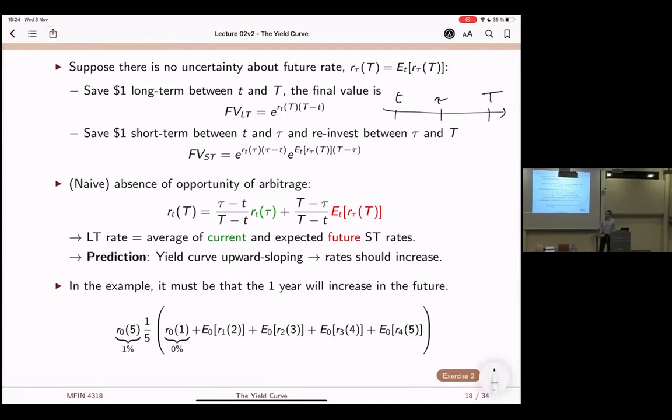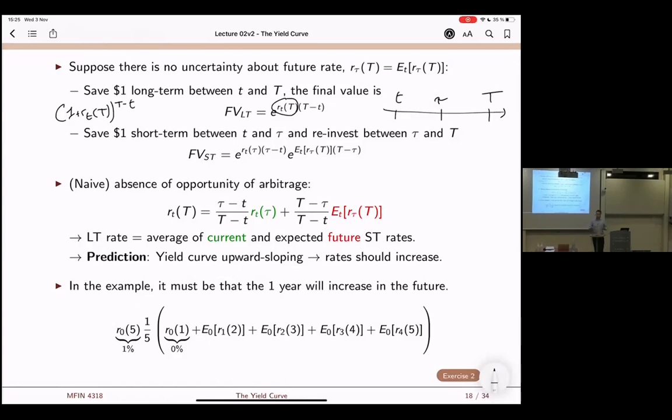Okay. If I go long-term, what is the interest rate that I get? Well, simply the interest rate between period t and period big T, right? Here, I use the continuous compounding convention because it's simpler, but if you use annual compounding, the expression will be the power of T minus t, right? So this is just the continuous compounding convention equivalent of that.